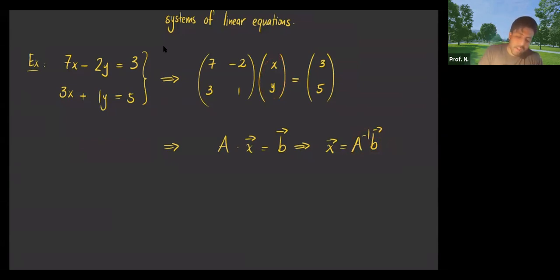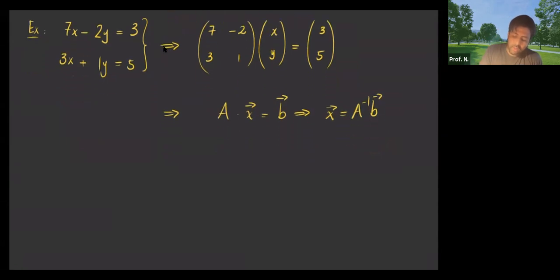We can actually perform this. So what is A inverse? You switch the 1 and 7, and then you negate the 2 and the -3, and then you divide this by the determinant.